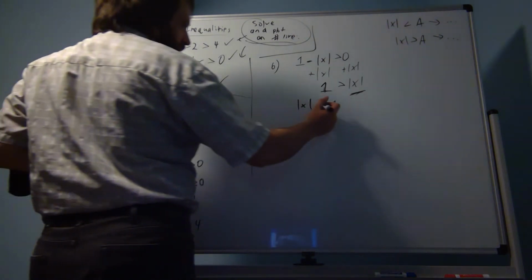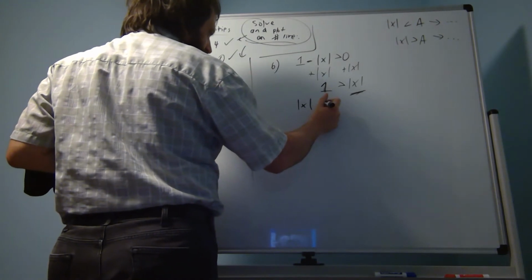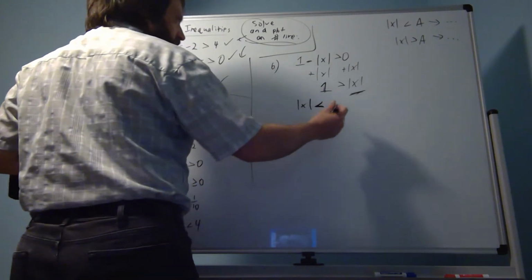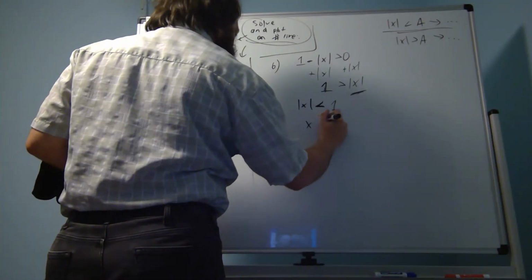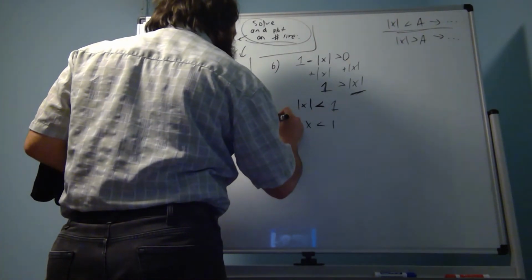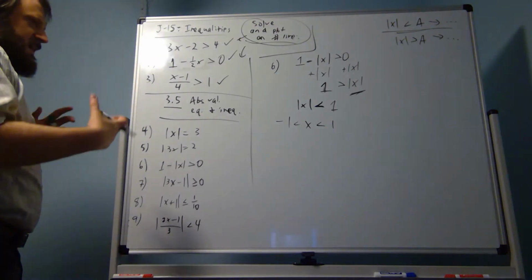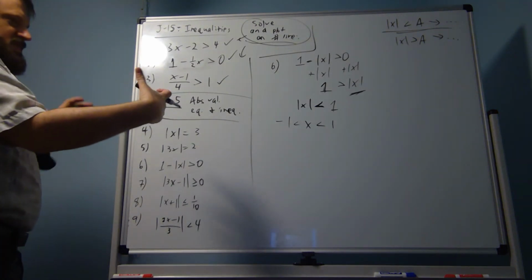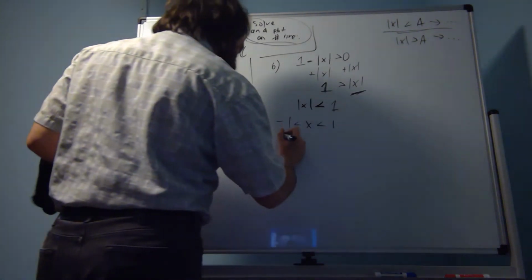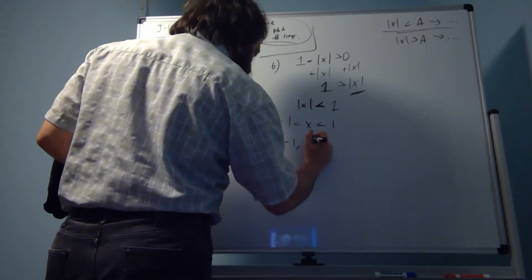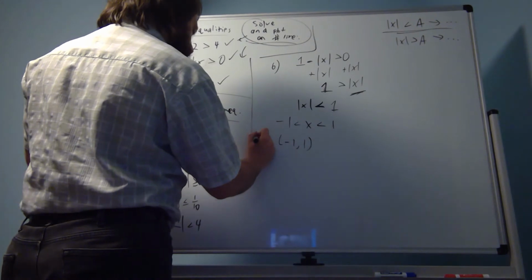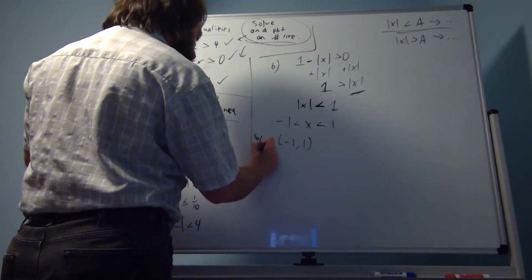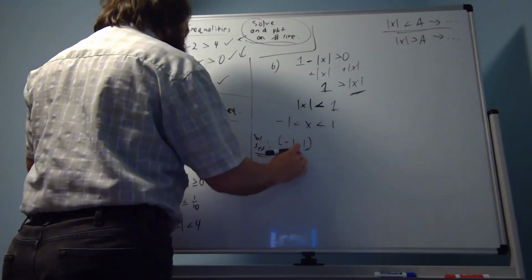And then we ask ourselves, now just sort of by visual memory, absolute x is less than something. That means it's the single interval that's in the middle. So this is not an ordered pair.